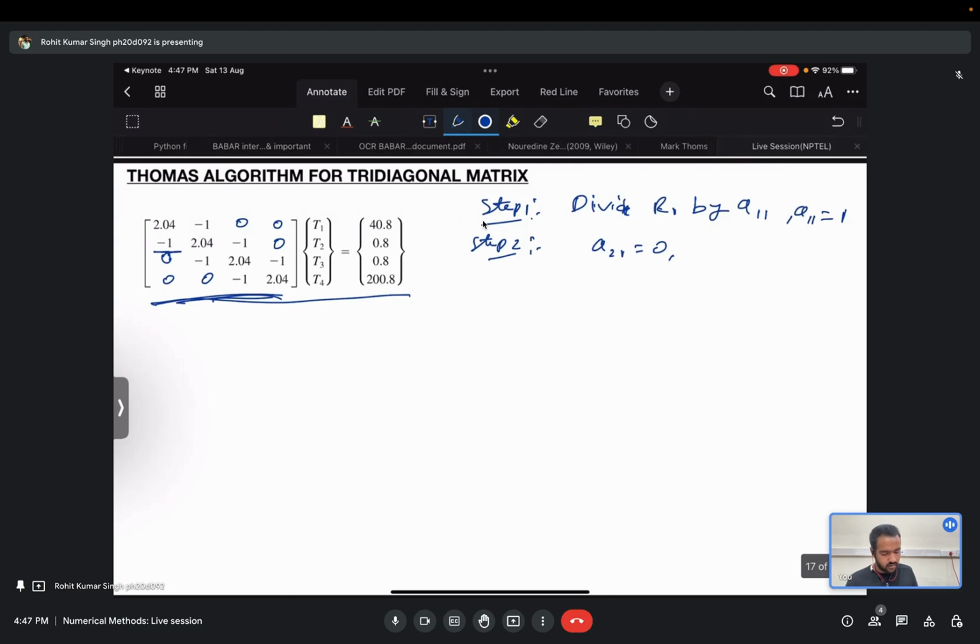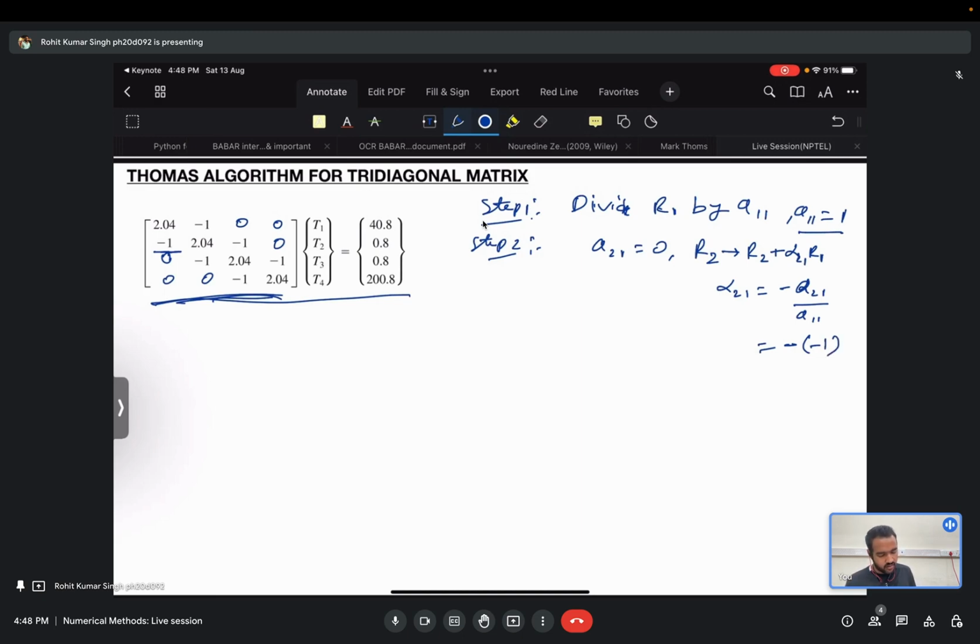We'll do the same Gaussian elimination step. So R2 will be R2 plus alpha 21 R1. Here alpha 21 will be minus a21 by a11. But a11 is just 1, right? So it's just minus a21, and a21 in our case is minus 1.